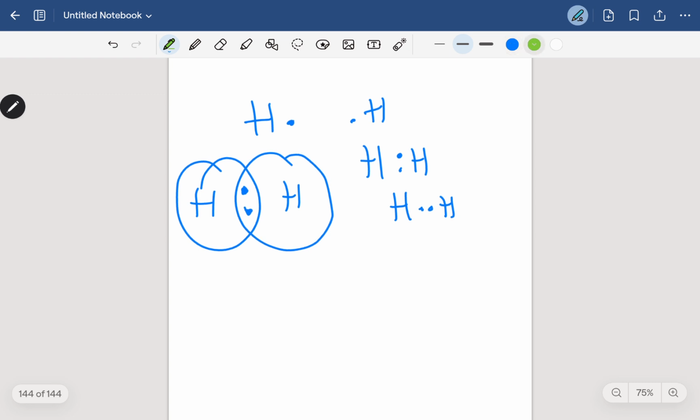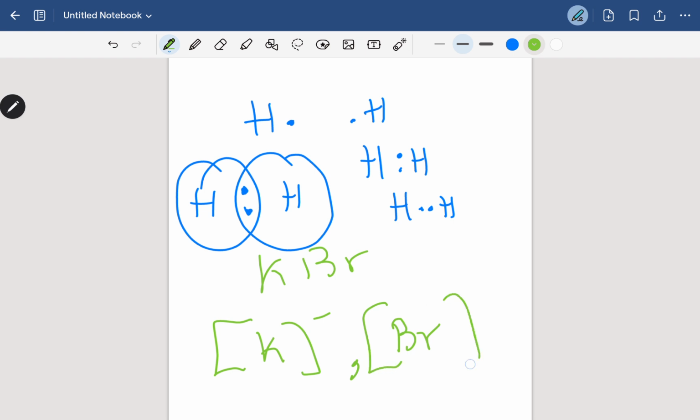Then the other one that we have is KBr. Since it's ionic, we can represent K like this. K is going to be plus. And then Br, 35 is its atomic number.